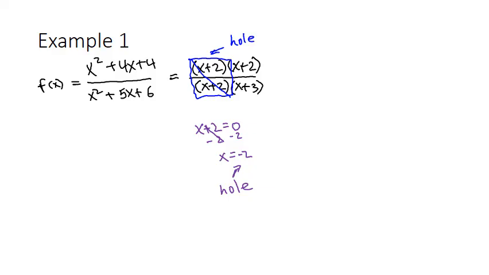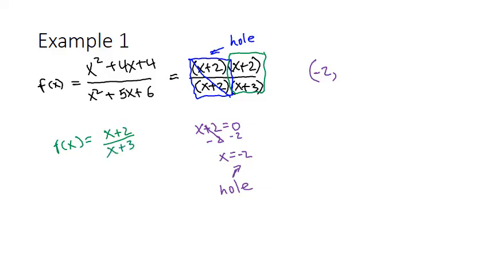To find the actual coordinate for that hole, we know the x value is negative 2. The reduced function is what we have here. So the reduced function is x plus 2 over x plus 3.